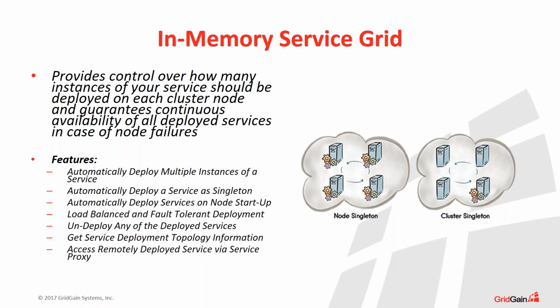You have a whole variety of options where you can pin data or compute onto a single node, or you can allow the system to just deploy it automatically. In which case, service grid is how GridGain or Ignite knows where different elements of your environment actually live.